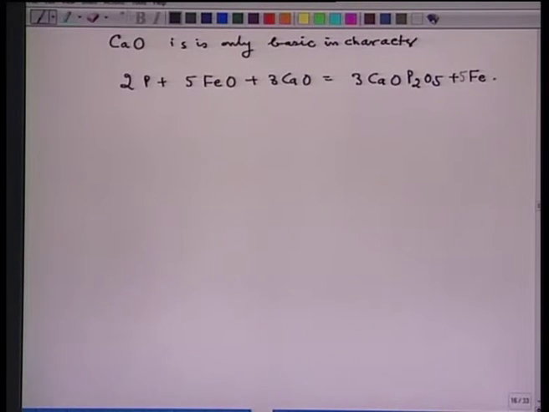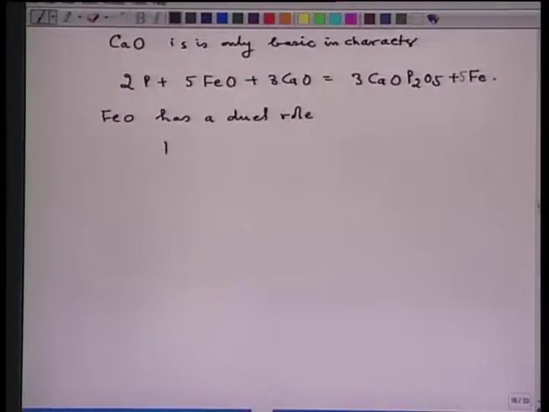Now, in this particular reaction, FeO, though it supplies oxygen for reaction with phosphorus, also plays the role of basicity. So, that means FeO has a dual role, as I pointed out, oxidizing as well as basic, but weaker basic than calcium oxide. So, if at any point of time in the reaction FeO replaces calcium oxide, then dephosphorization will decrease, because FeO is a weaker base than calcium oxide.